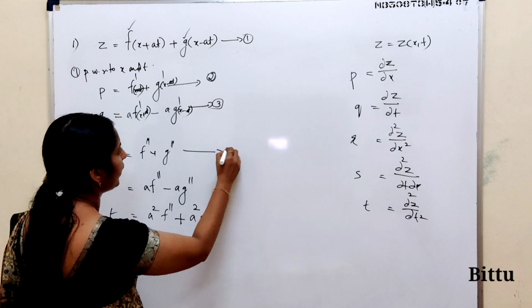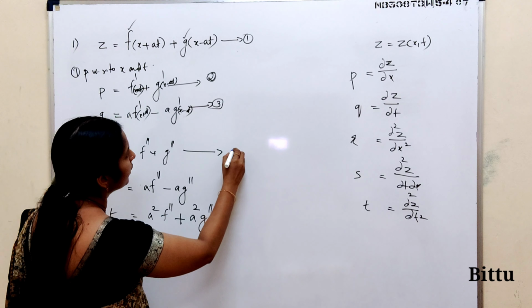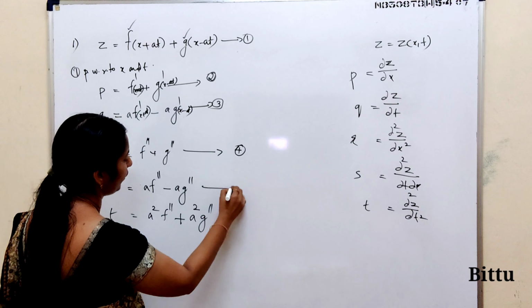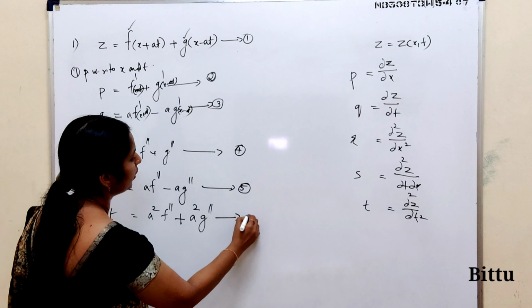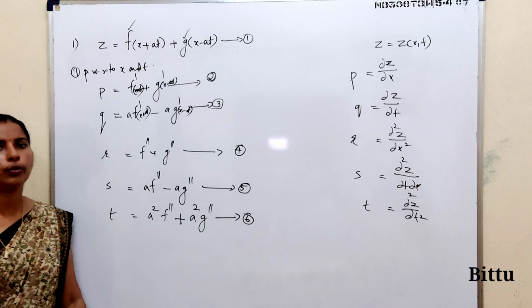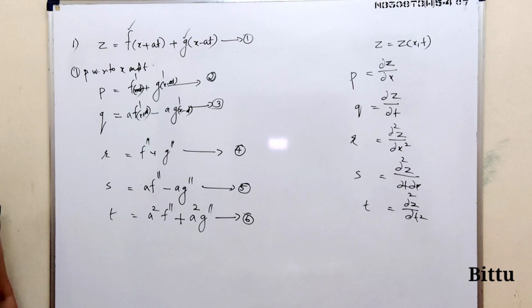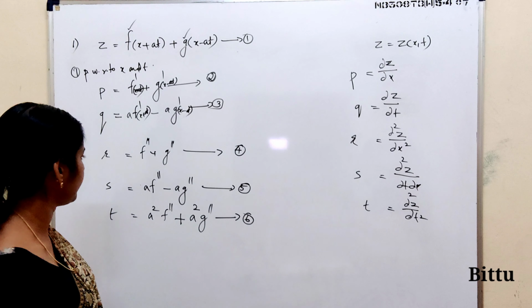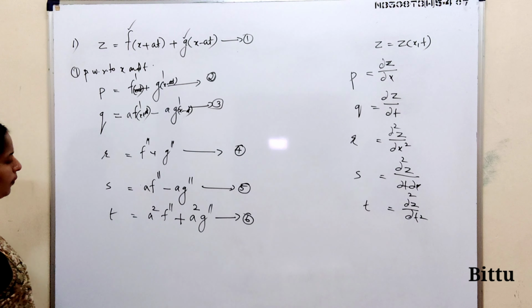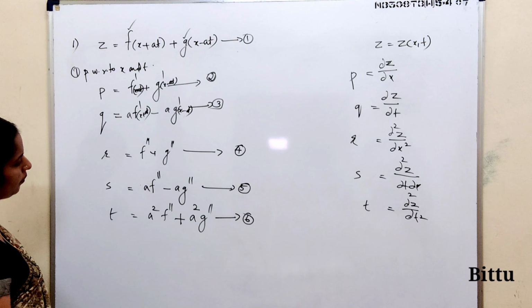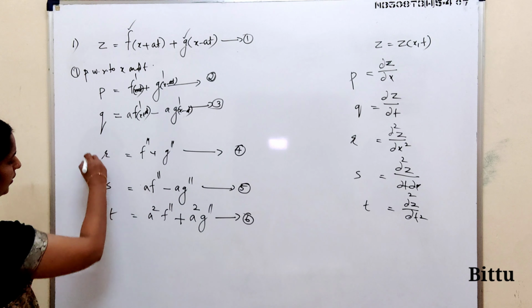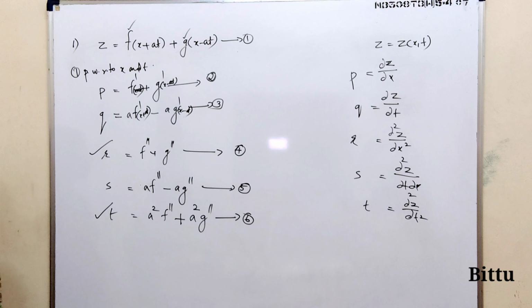Next, you try to eliminate the arbitrary functions from equations 1, 2, 3, 4 and 5. See, by looking into these equations, you consider equation number 4 and 6.